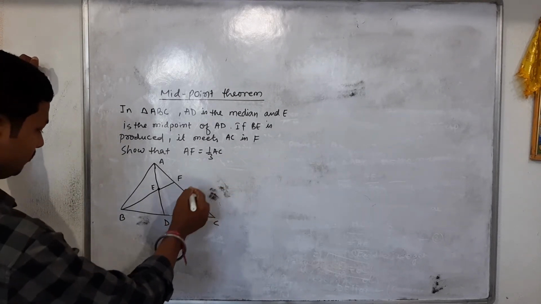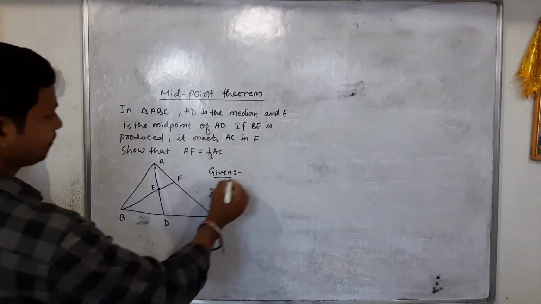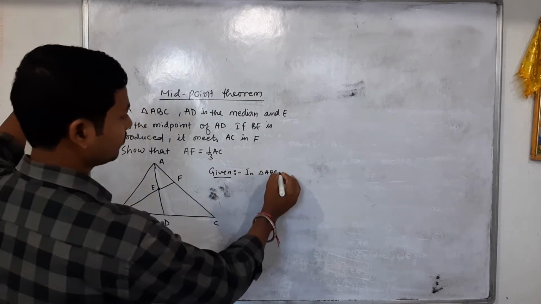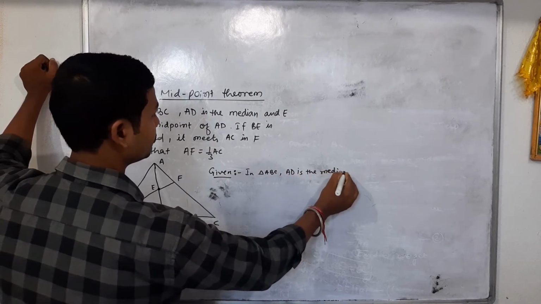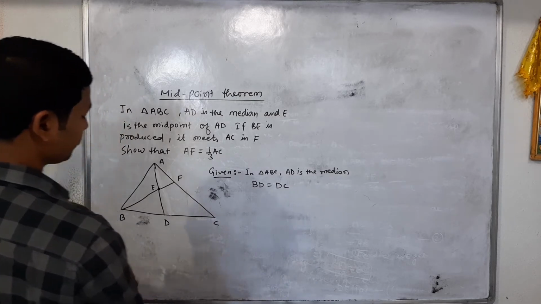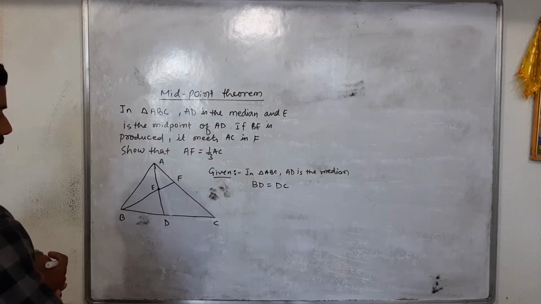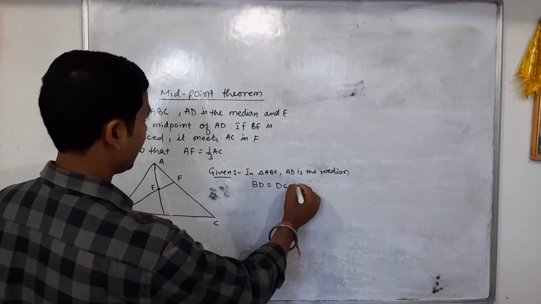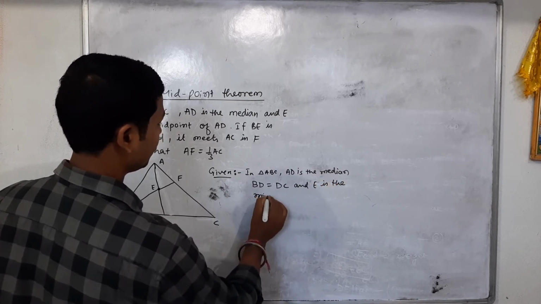Okay, what is given? In triangle ABC, AD is the median, so BD will be equal to DC because D is the midpoint, and E is the midpoint.